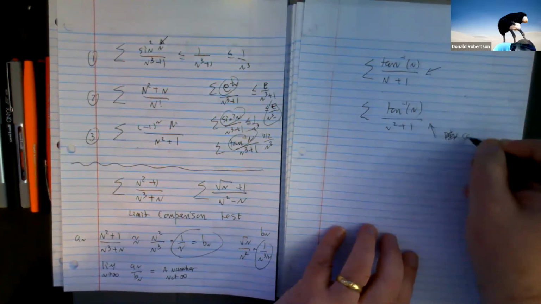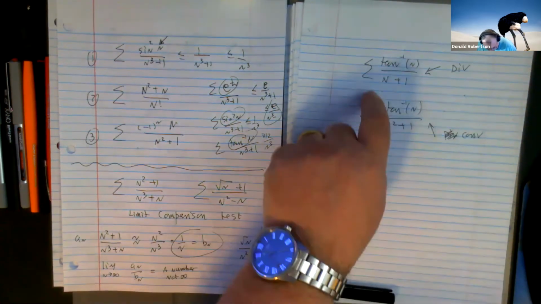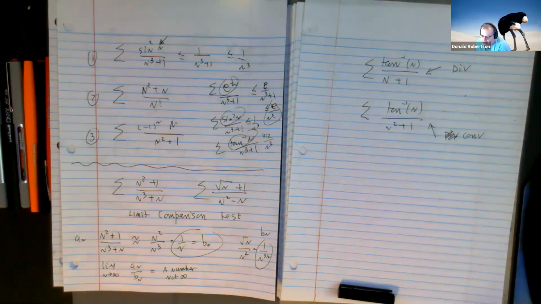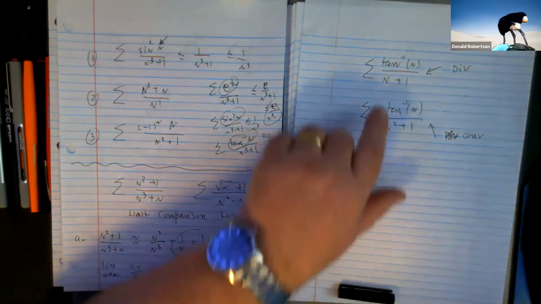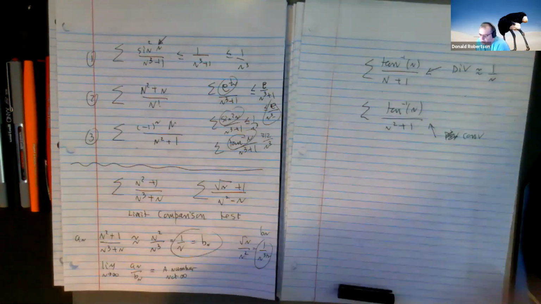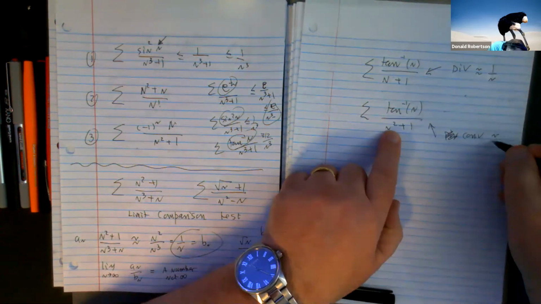This one's going to converge, and this one's going to diverge. The top, although it's ugly, typically is just going to be in a range of values. It never gets bigger than this, and it never gets less than that kind of thing. So this guy here, would you agree it roughly behaves like a 1 over n, and that's why I know it diverges. And this one, on the other hand, roughly behaves like a 1 over n squared.